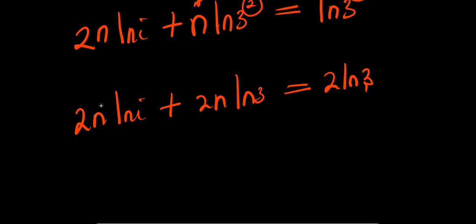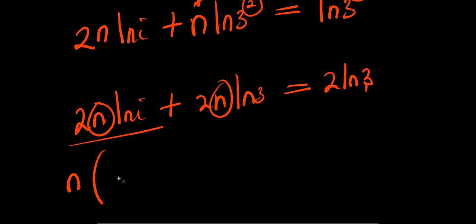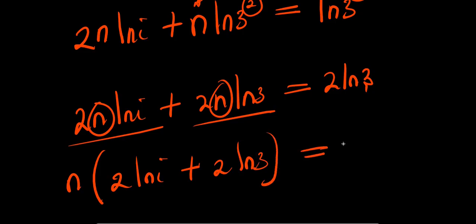So let's factor out the n, which is common. n times 2 times natural log i plus 2 times natural log 3 equals 2 times natural log 3.